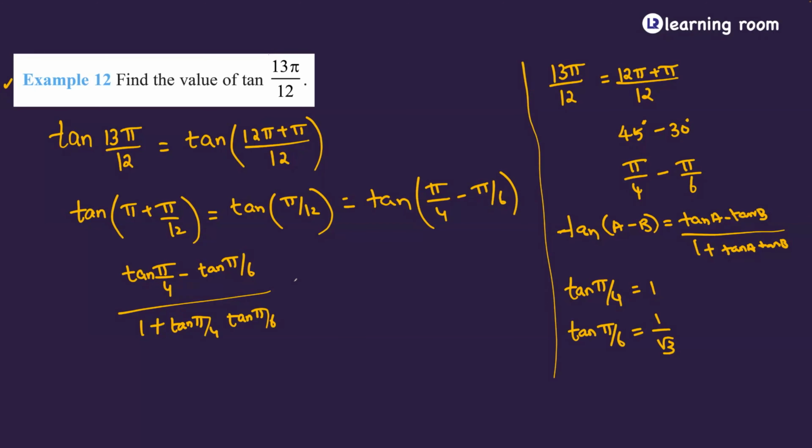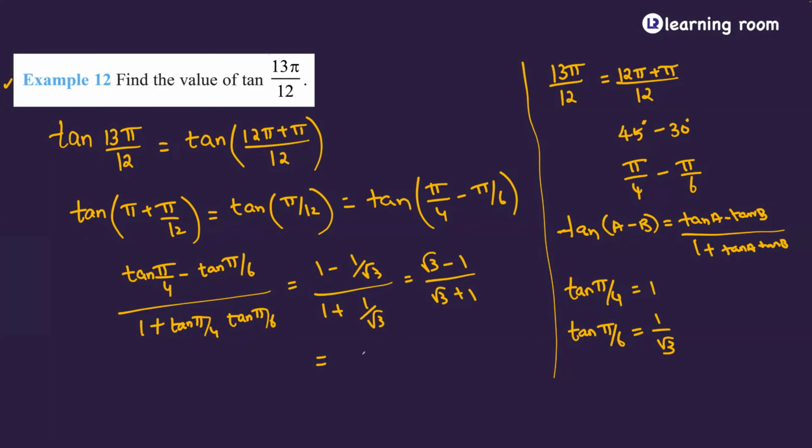Substitute it here. So 1 minus 1 by root 3 divided by 1 plus 1 by root 3. This is going to be root 3 minus 1 by root 3 plus 1. Never leave the denominator irrational, so rationalize it.